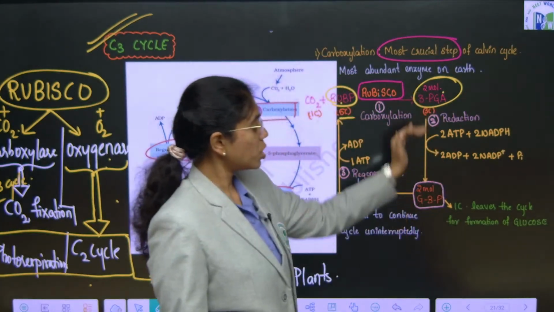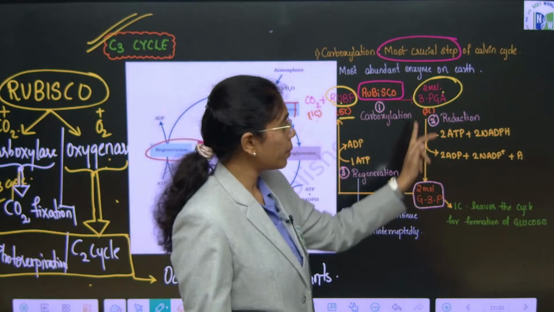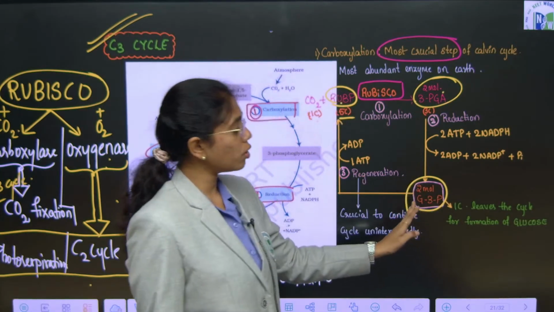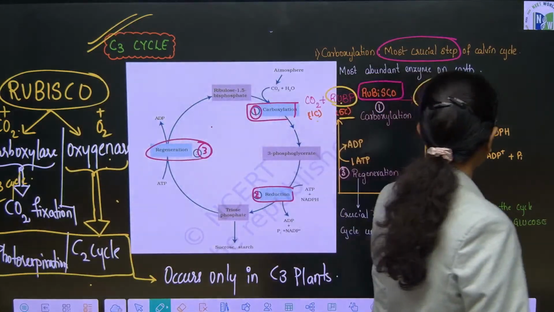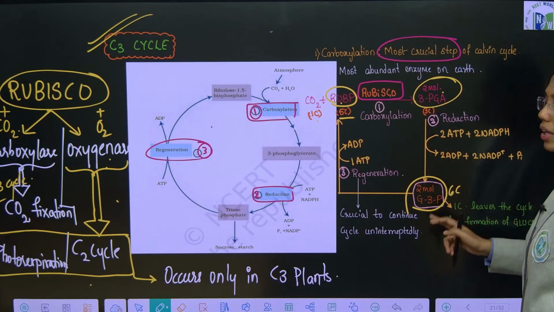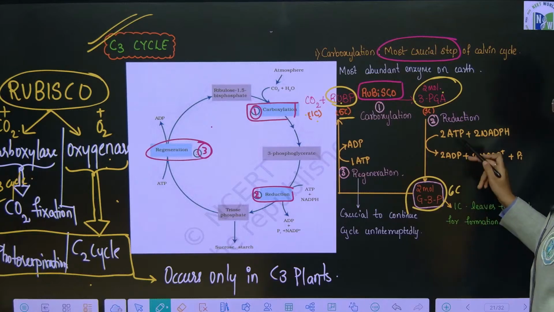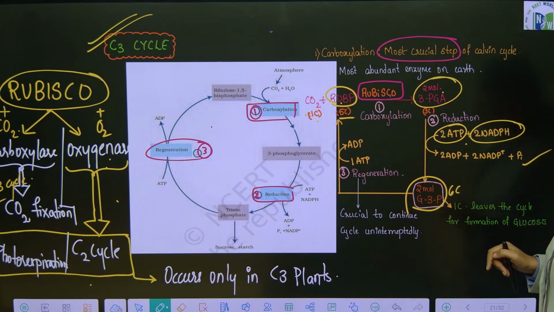Now, reduction step is very huge, which is 7-step long process, but you remember from 3-PGA it gets reduced to 2 molecules of glyceraldehyde 3-phosphate. Okay, 2 molecules of glyceraldehyde 3-phosphate means on total it is having 6 carbon, and for 1 carbon dioxide, the reduction step will consume 2 ATP and 2 NADPH, and 2 ADP, 2 NADP plus is being released.